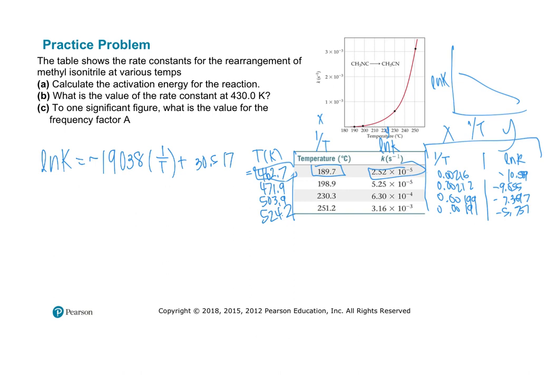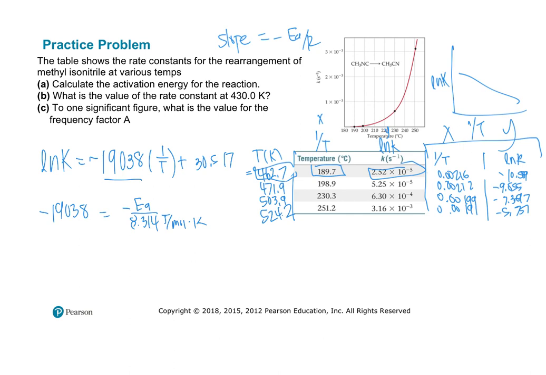So remember, the slope equals negative activation energy over R. So I'm going to take my slope, negative 19.038 equals negative EA, which I'm finding, over R, 8.314 joules per mole Kelvin.